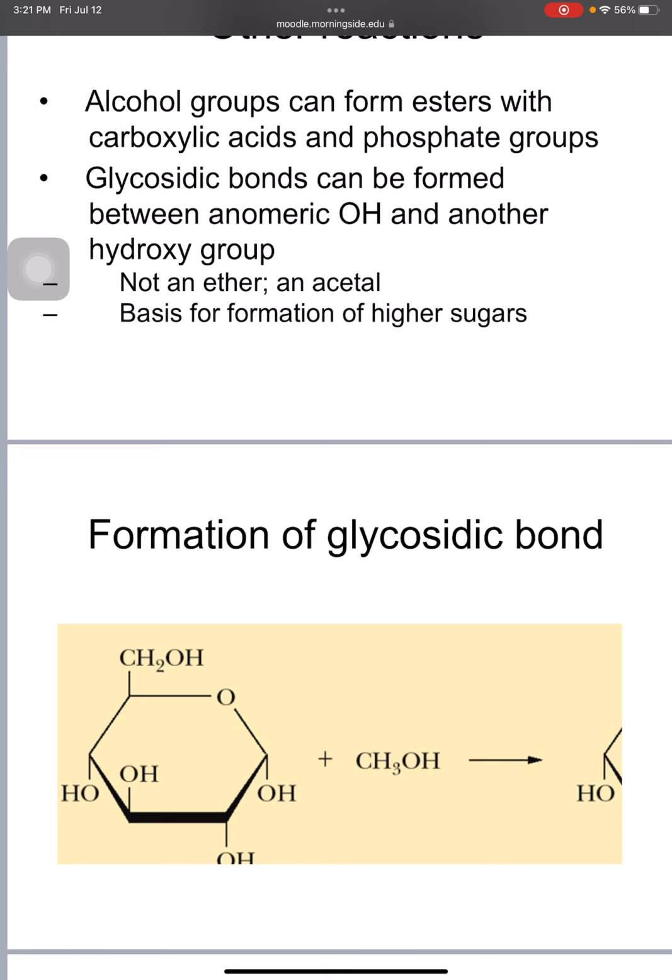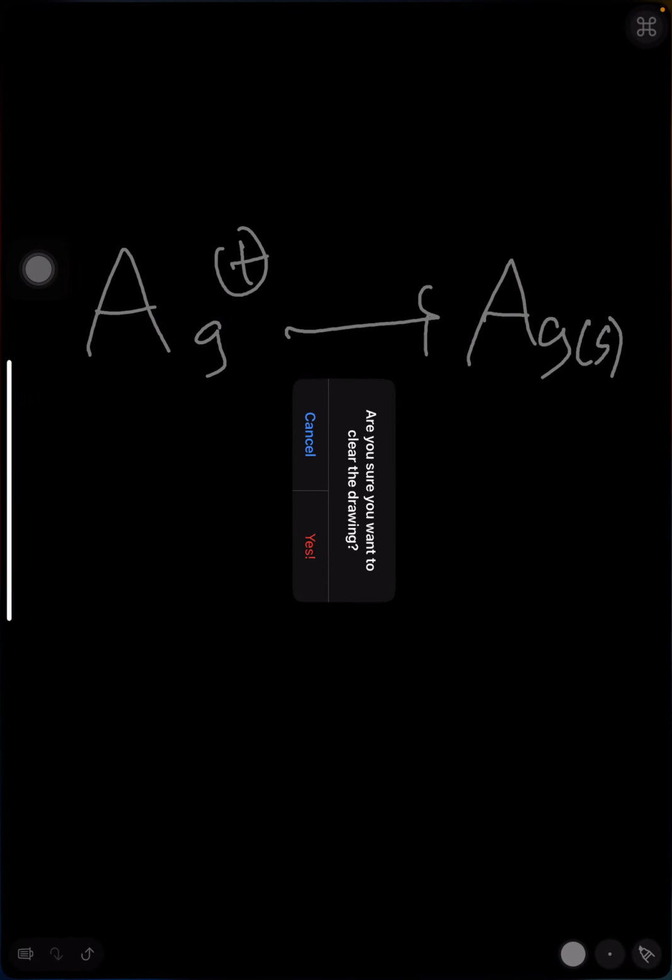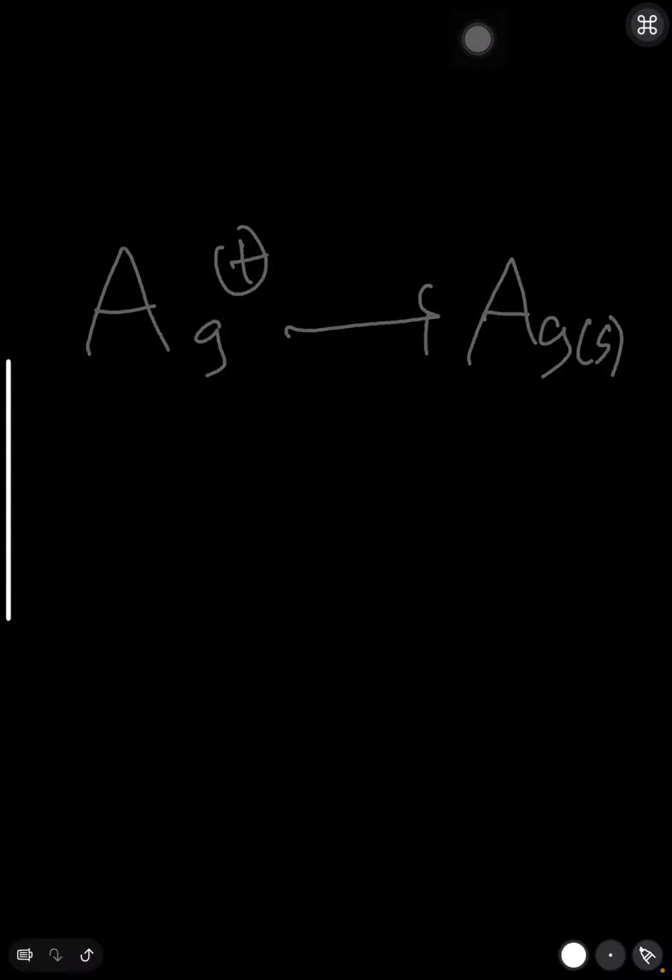It looks really, really similar to an ether linkage, right? So if I take what was on that slide and I kind of draw it out, they did a reaction between something called alpha-D-glucopyranose and methyl alcohol, or methanol.